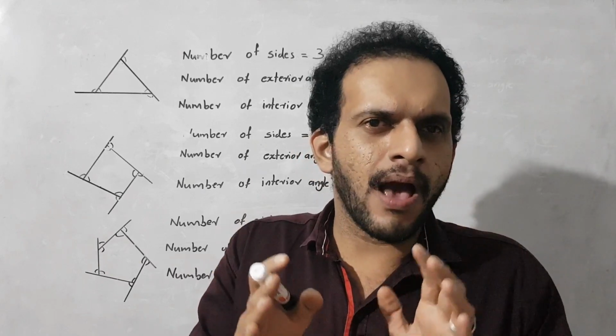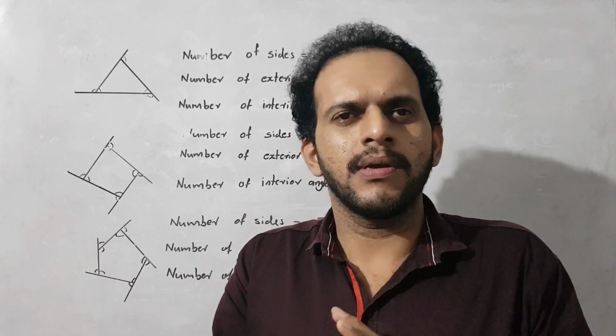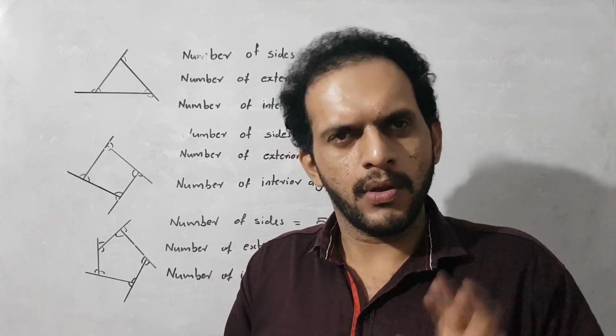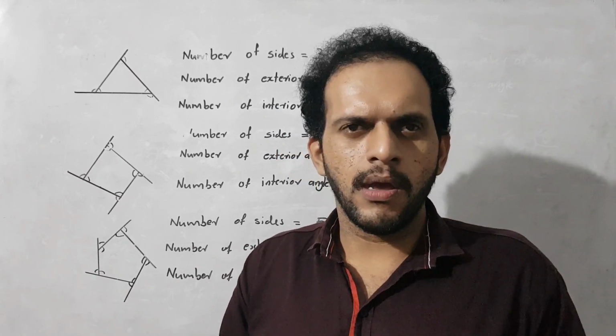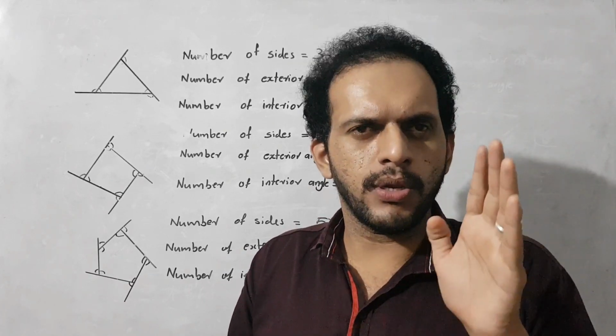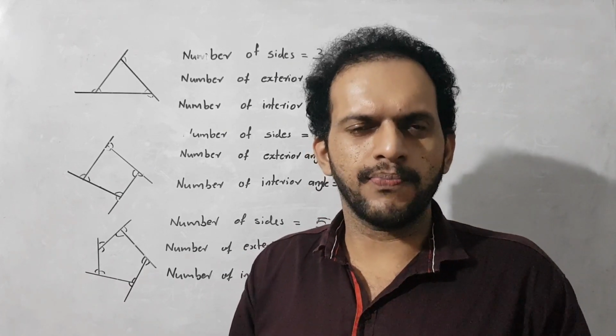If a polygon has 24 sides, how many exterior angles does it have? 24 exterior angles. How many interior angles? 24 interior angles also.